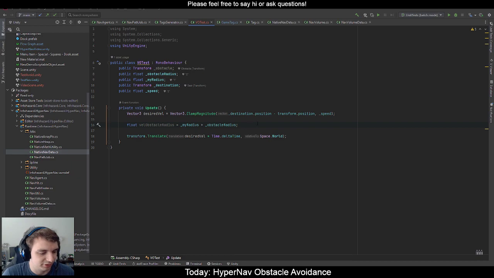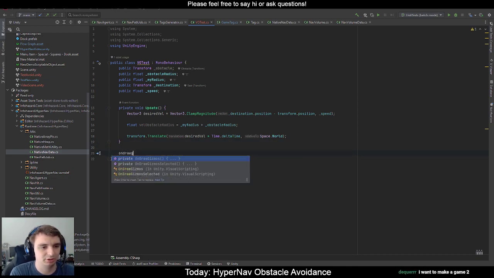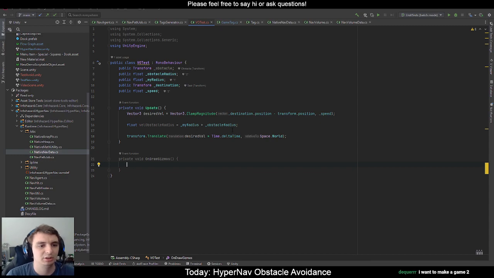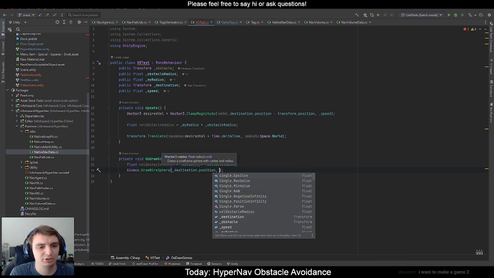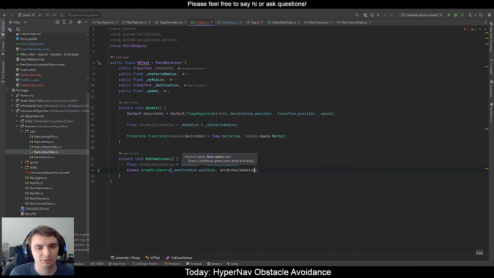All right, let's get back to this. So we've got our velocity obstacle radius, and I want to draw some kind of visualization. I'm going to do an OnDrawGizmos and compute this again here: Gizmos.DrawWireSphere at destination.position with velObstacleRadius.